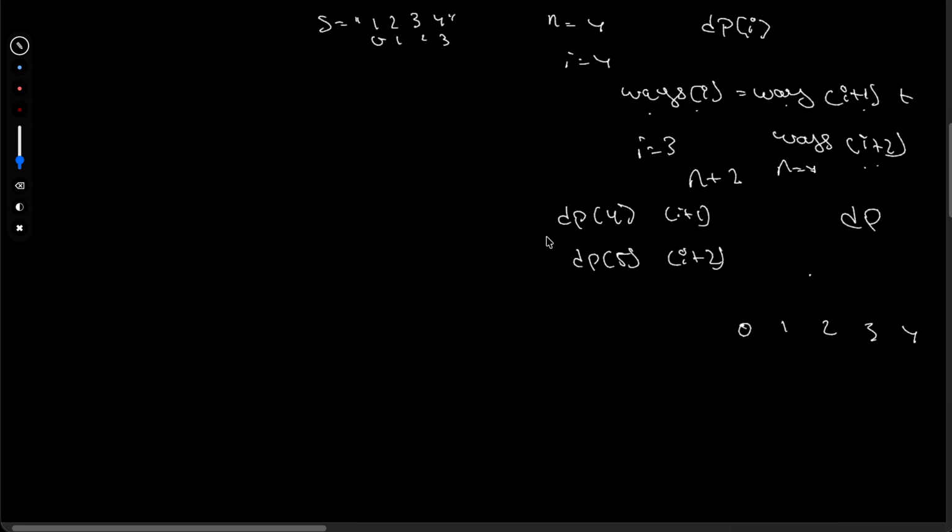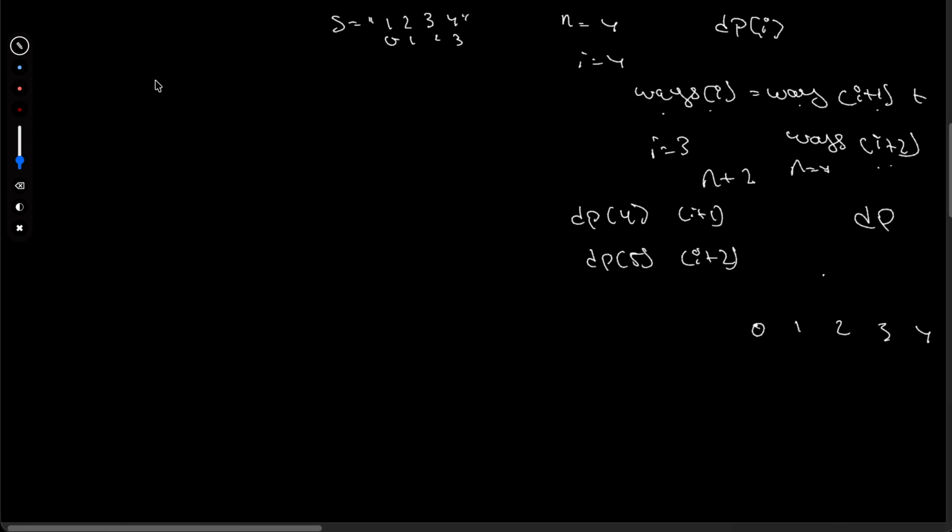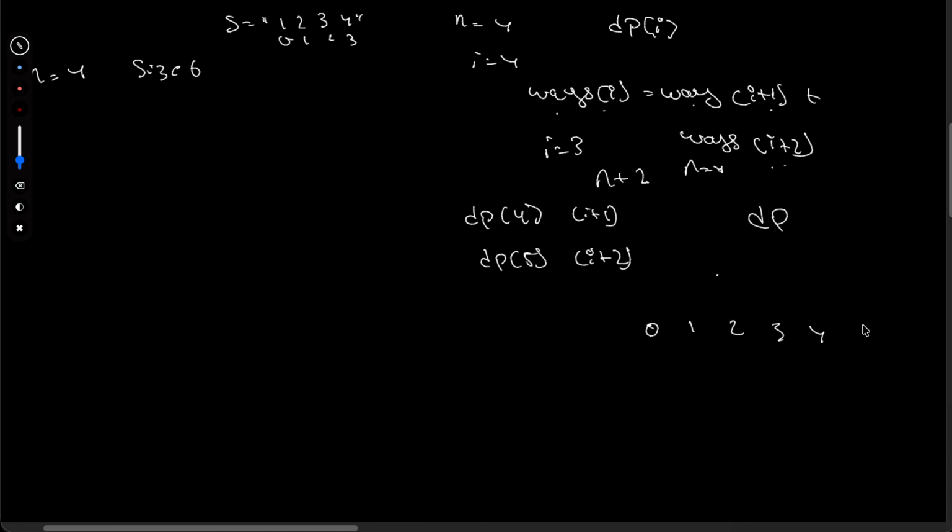So see, n is equal to 4 and the size is 6. So the boxes are 0 1 2 3 4 5. Okay, now it's safe.